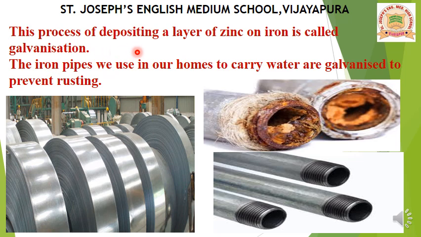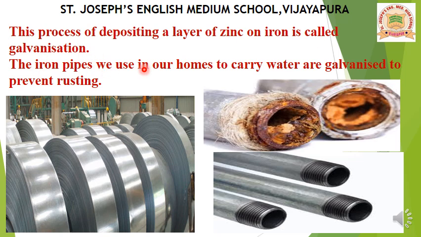Here a layer of chromium or zinc is deposited on the iron. Like how we apply nail polish on our nails, in the same way rusting can be prevented by applying paint or by depositing a layer of zinc or chromium. This method is called galvanization.